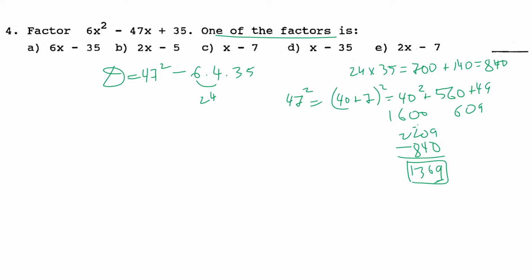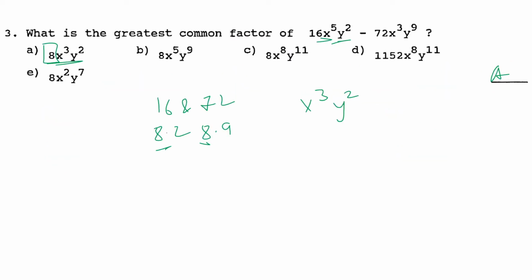Since this is 9, I'm thinking that it's really 37. So let me just double check. 37 multiplied by 37. Yes, it is. All right, moving on.